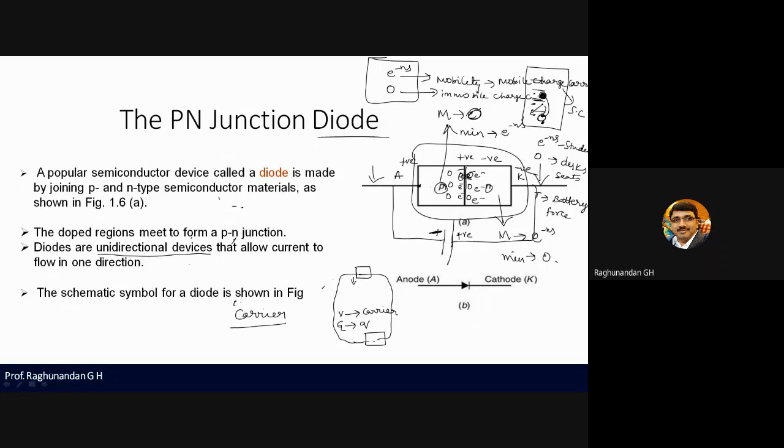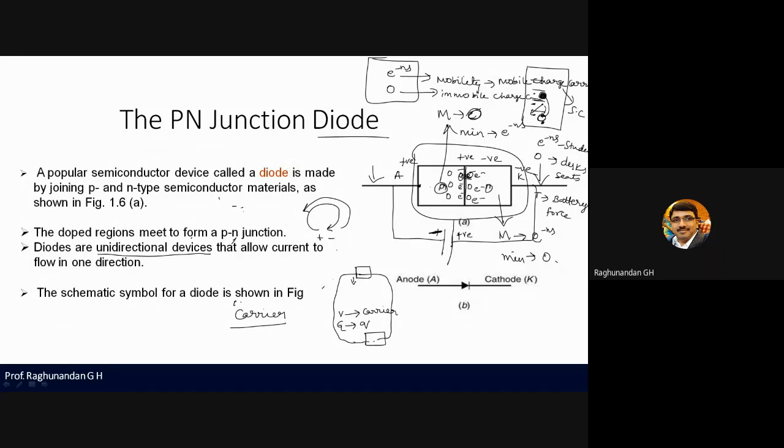The current can flow only in one direction, from the positive to the negative side, that is, from P layer to N layer. So this is the conventional direction we are going to consider. Conventionally, we always take it from positive to negative, but actually electrons will always be flowing in the opposite direction.